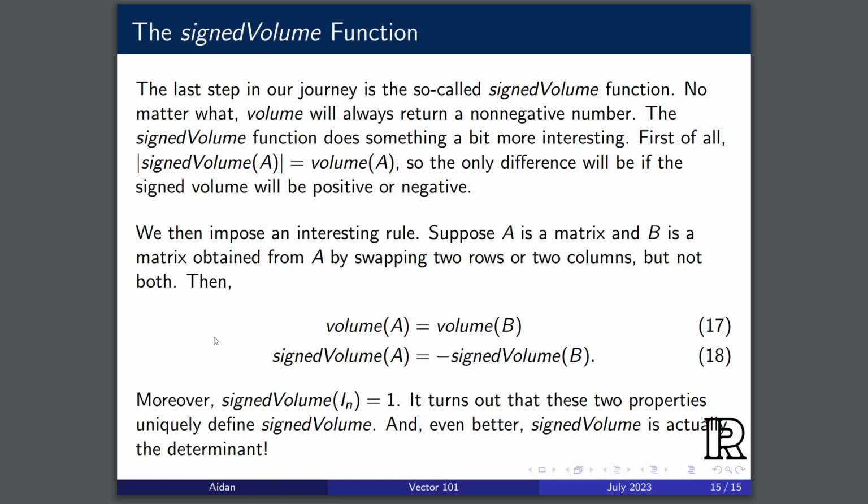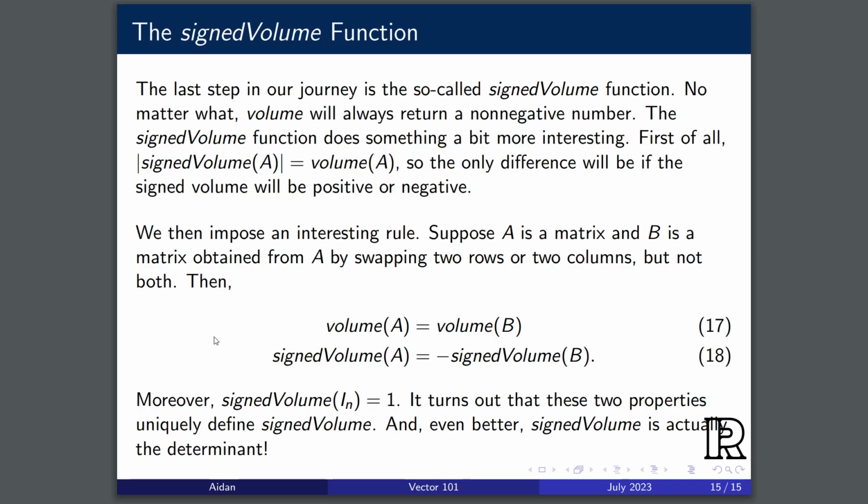And the rule we're going to use is, if I have a matrix A, and I flip two of the columns, I switch their places, then the signed volume will change sign. Now, volume isn't going to change, right? It doesn't matter what order we list the edges of a square, it's still going to have the same area.